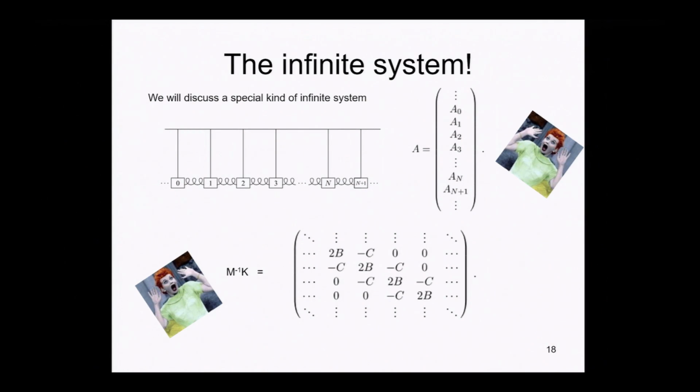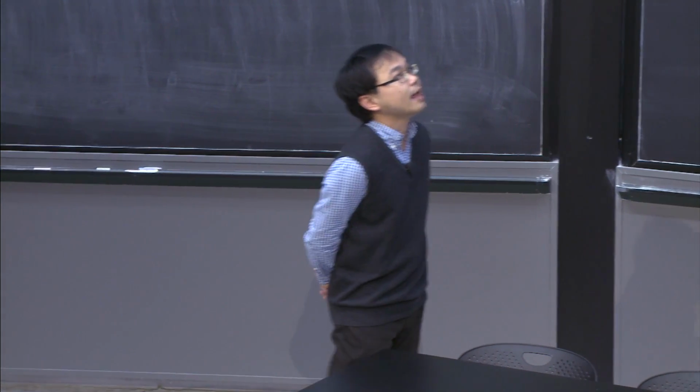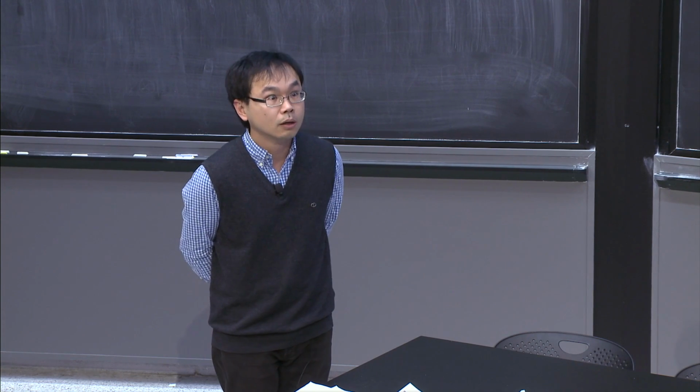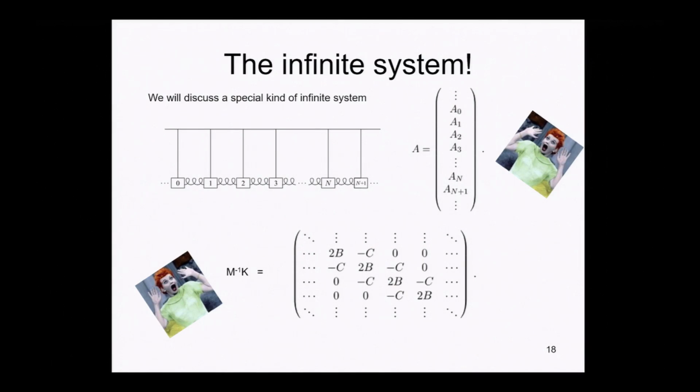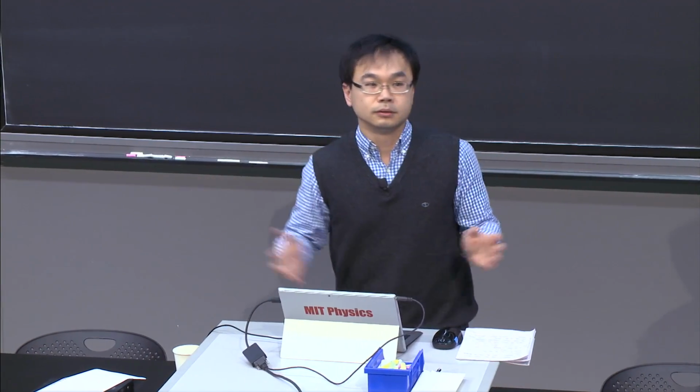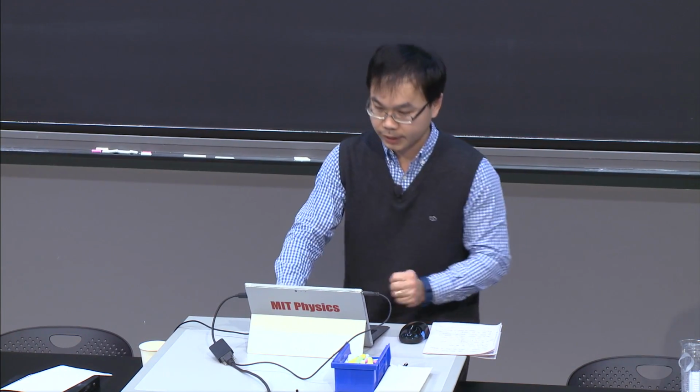So this is the idea of an infinite system. That means my M^-1 K matrix is going to be an infinite by infinite matrix, and that sounds really scary. In general, we don't know how to deal with this, and it can be as arbitrarily crazy as you can imagine.